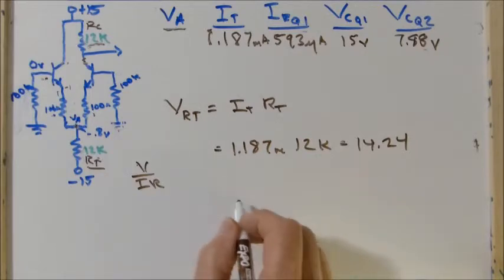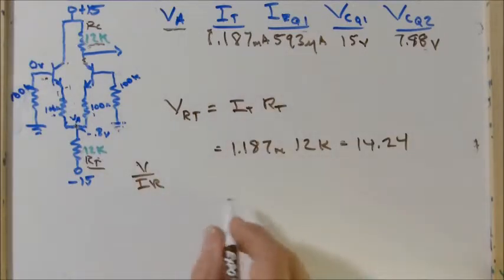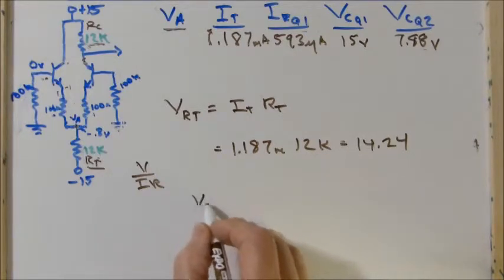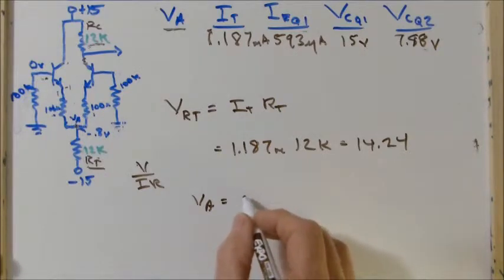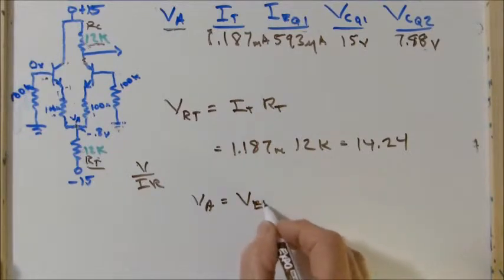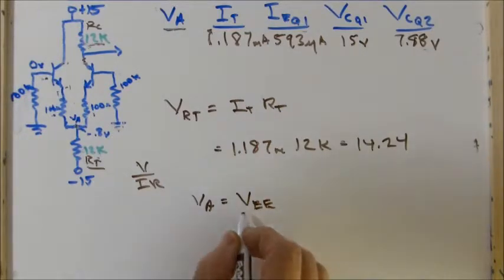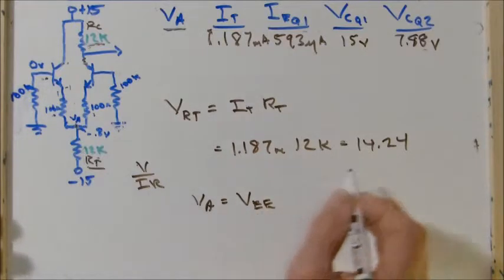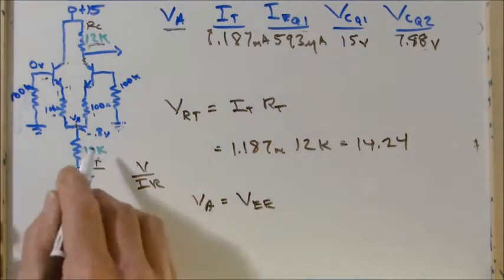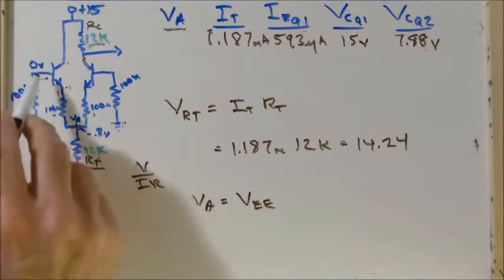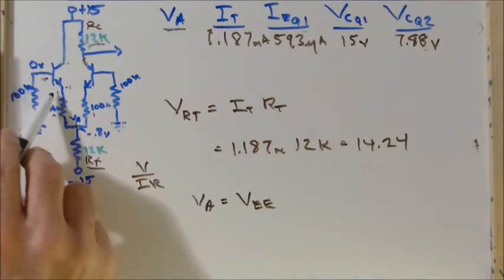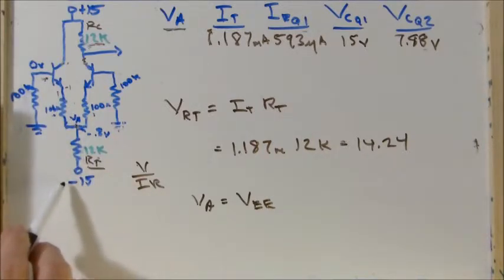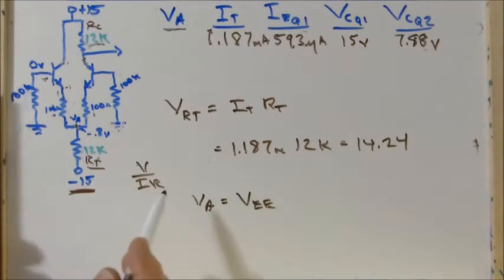Okay, so if we do the same equation as earlier, VA is going to be equal to VEE. And because this is going to be a negative value, let's go ahead and add this 14, because again, our base is 0 volts. This 0.7 volt drop is going to be in a negative going direction because this is minus 15 volts.